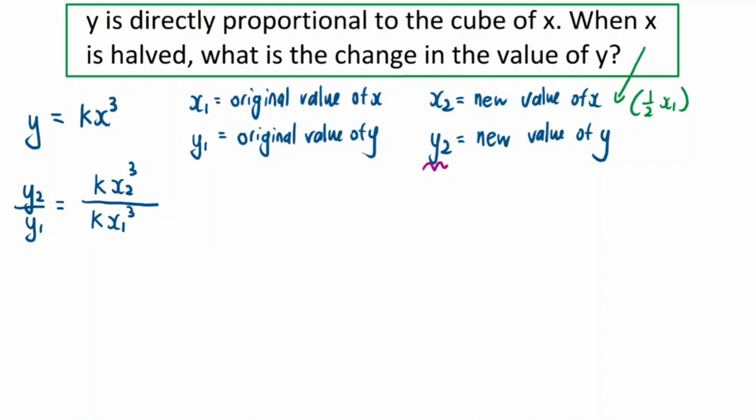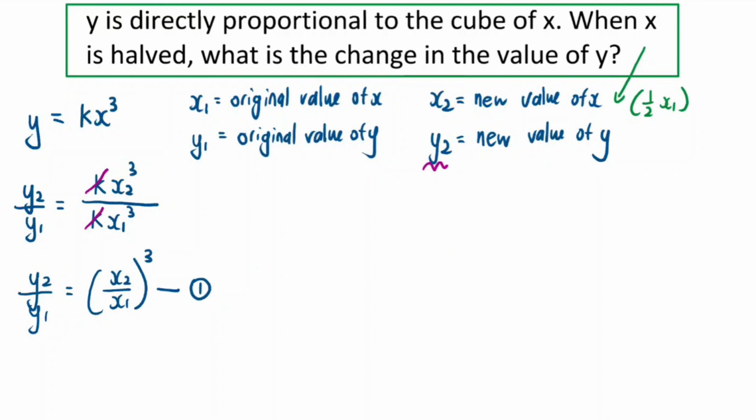Since the constant in the numerator and denominator is the same, we can cancel it off. So this simplifies into y2 over y1 equals (x2 over x1) to the power of 3. We will label this as equation 1.